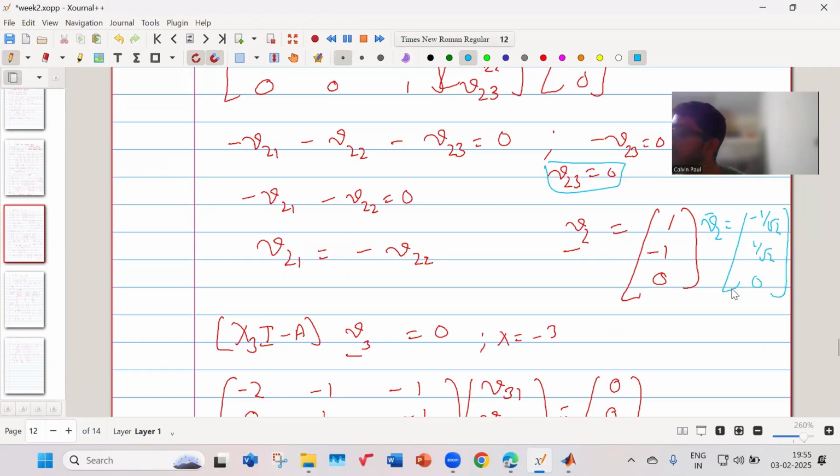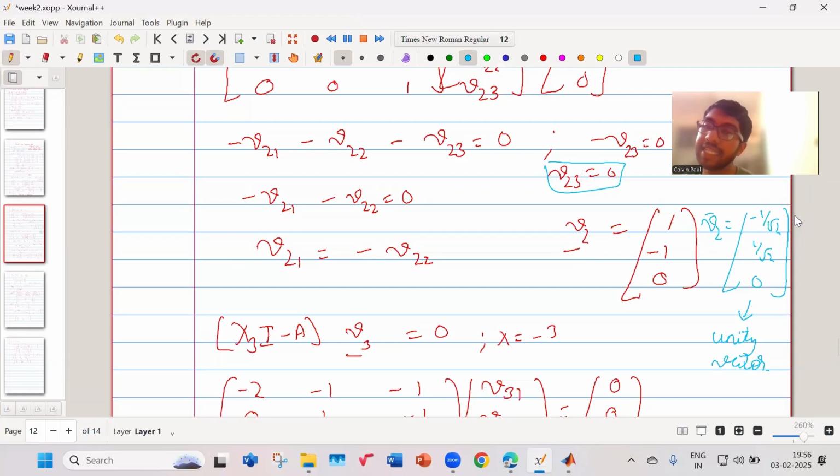But we got V2 bar as 1 minus 1 0. So who's right, who's wrong? If you see, this is a unity vector, a vector of magnitude unity. Ours is not a vector of magnitude unity. Also, there's a sign mismatch. So the V2 bar we have is actually minus root 2 times the V2 bar they have.